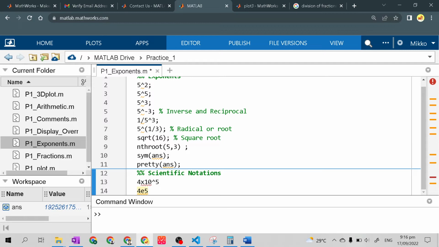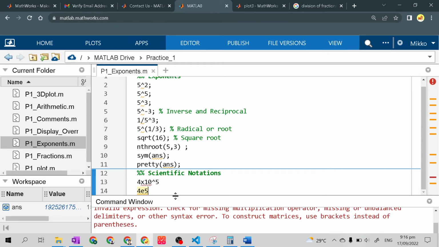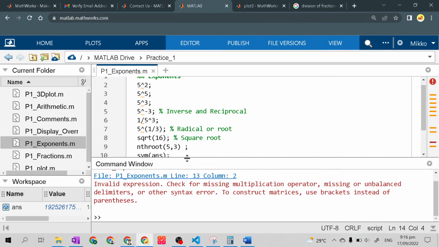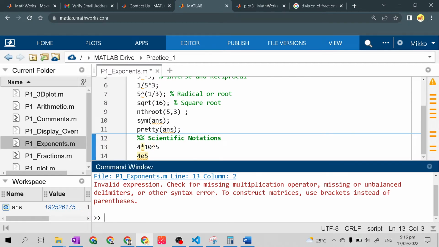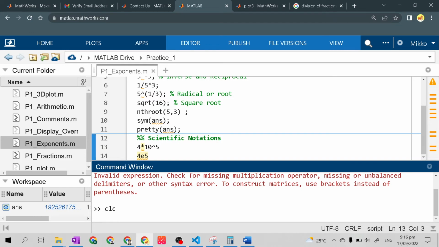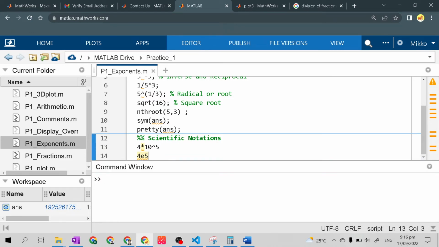Okay, let's try to run it. What's the error? I have errors. Check for missing multiplication. Oh, sorry. It's not 4x10, it's 4 times 10. Okay, CLC. Okay, it is about 400,000.